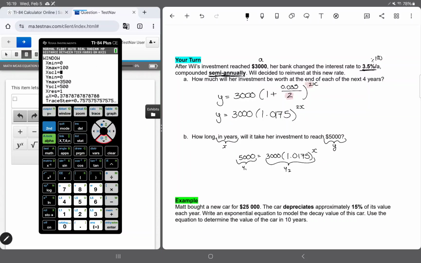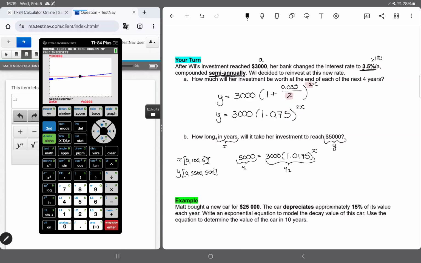So obviously, again, I'm going to have to up my window because I'm not going to be able to see 5,000 in that. So let's say I have x, 0 to 100 going up by 5s. Y is 0 to 5,500 going up by 500s. Let's see if that's enough. I can see my intersection.